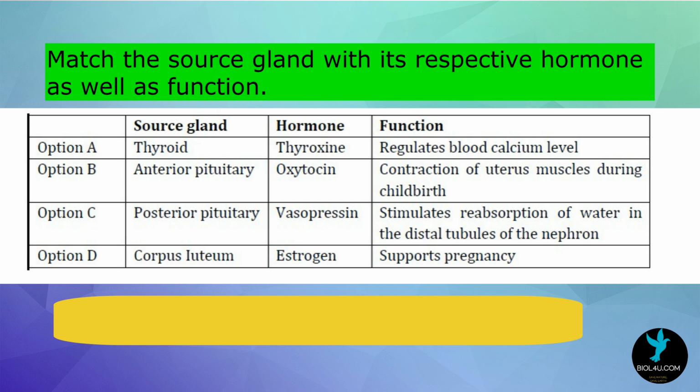Hormone, vasopressin, stimulates reabsorption of water in the distal tubules of the nephron. Option D. Gland, corpus luteum. Hormone, estrogen, supports pregnancy. The correct option is C. Gland, posterior pituitary. Hormone, vasopressin, stimulates reabsorption of water in the distal tubules of the nephron.